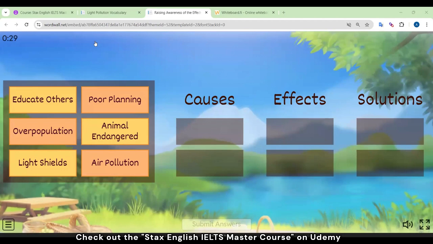Air pollution, teacher, air pollution, causes or effects? Air pollution would probably be an effect of something, wouldn't it? Same as light pollution is an effect, which is caused by artificial light.